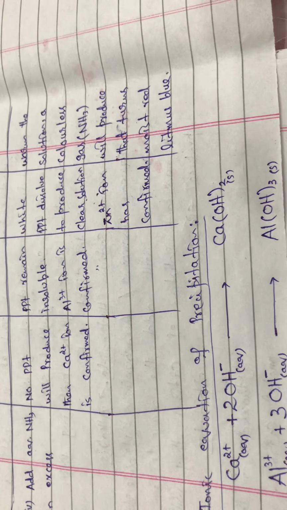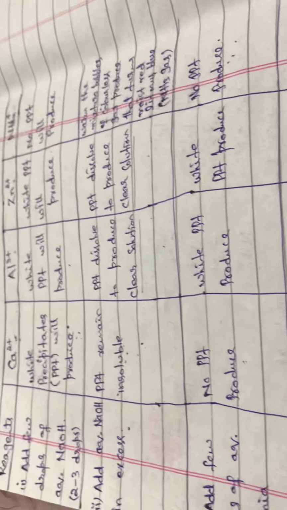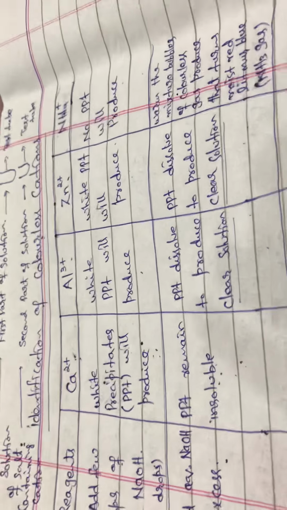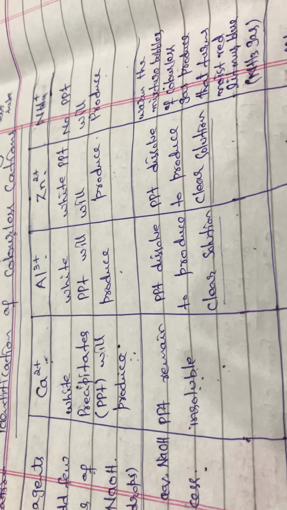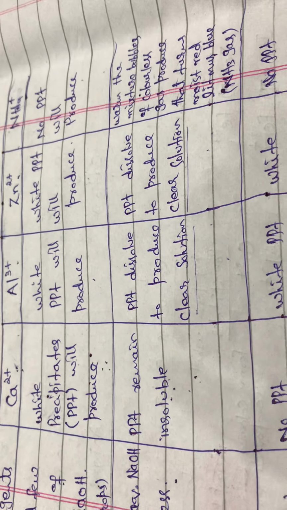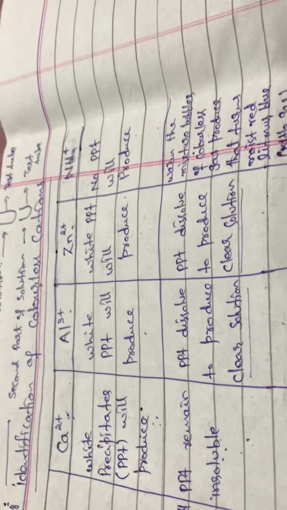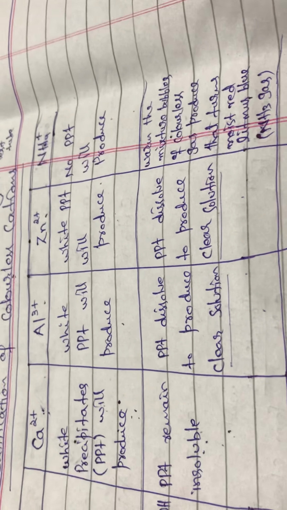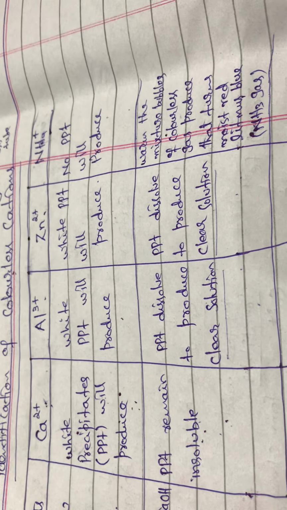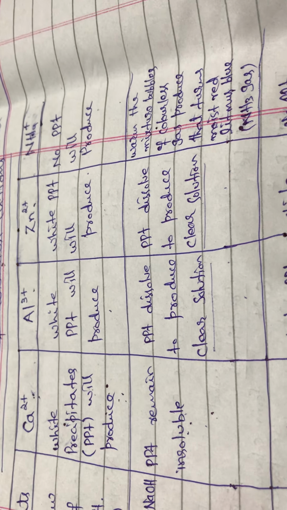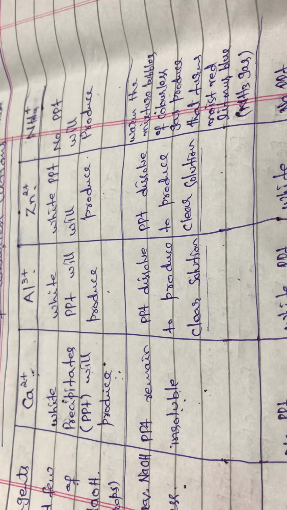Now today you have learned about the precipitation of calcium, aluminium, zinc and ammonium ion, means we talked about the identification of cations. And from the identification of cations or positive ions, we have discussed only the colorless cations. So this was the lesson related to the identification of cations.